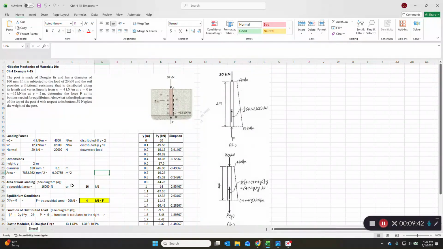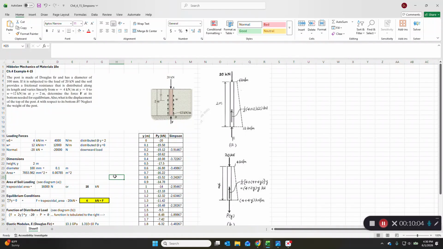So what is the area of the trapezoid? Well, again, it's 1/2 b1 plus b2 times the height. So it's a half of 4 plus 12 times 2. So half of 2 goes away, and 4 plus 12 is 16. So it's 16 kilonewtons, and the meters will cancel in the denominator. So it's just 16,000 newtons.